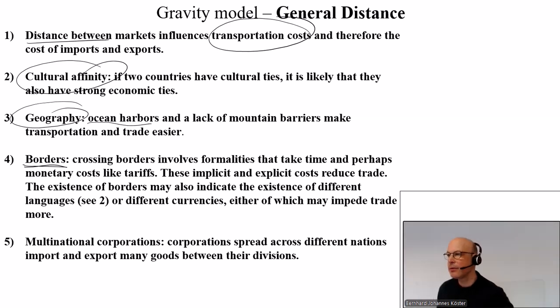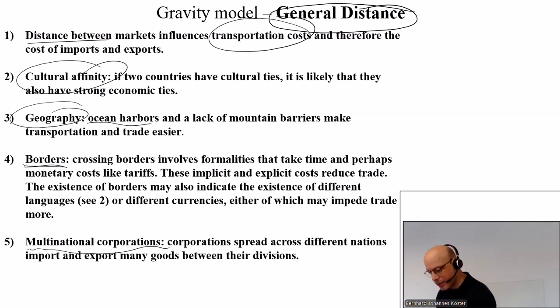In general, if you have many formalities, and the fifth argument, which is then the argument for a general concept of distance, that you do not only use kilometers, is if you have multinational corporations within your country. But about this, we want then to talk tomorrow. Thank you very much.